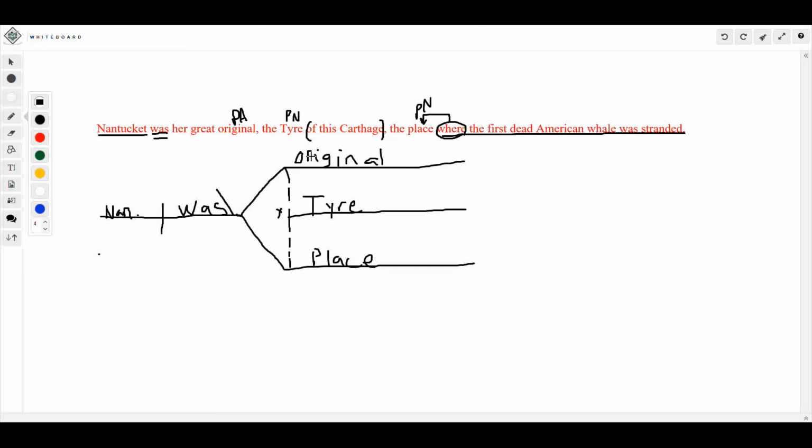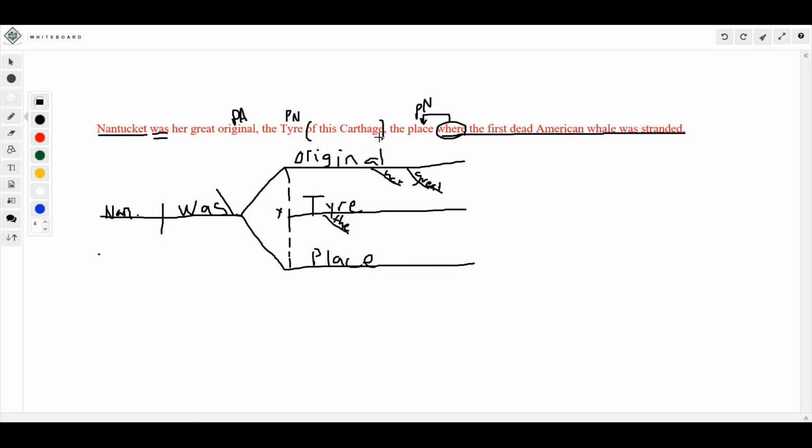Okay, so with original, we're going to have her and great. I'm not going to write it. It's too crazy for me to do with this thing. Well, I can try. So her, great. Those are adjectives modifying original. And then with tire, we have the. It's an article.